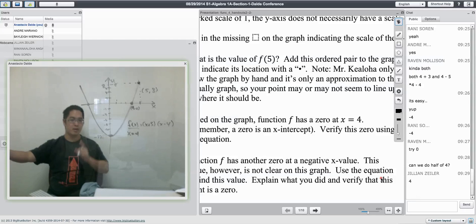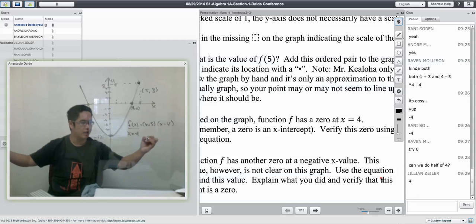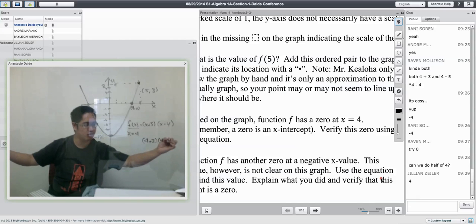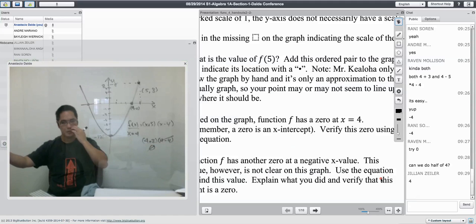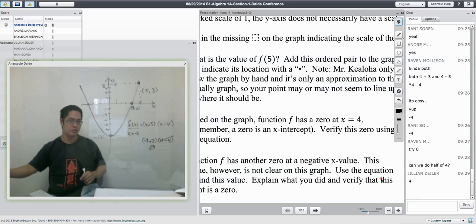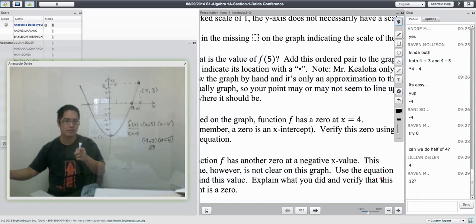All right, we tried 4, Jillian. We put 4 in there, and that made 4 plus 3 times 4 minus 4, and that made this thing 0. It doesn't matter what 4 plus 3 is, which is 7, because 7 times 0 is still 0. So 4 does work. I want to figure out another number that will get me the whole right-hand side equal to 0.